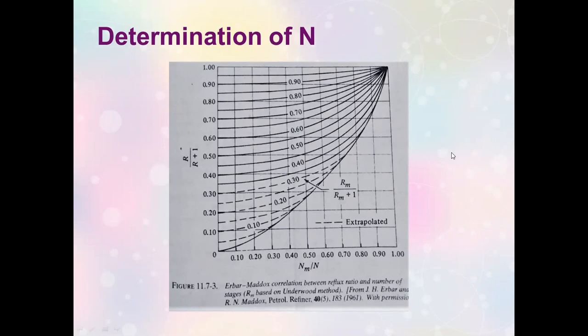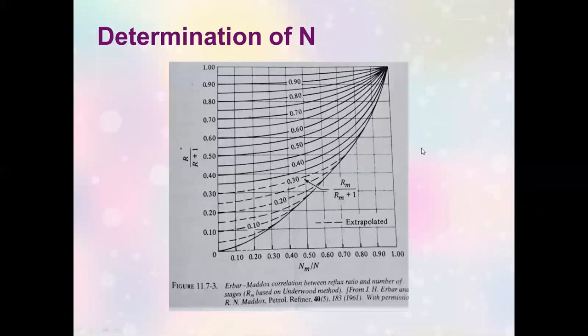Fenske's equation does not rely on the curve, because if you don't have the curve, how can you determine this minimum number of stages? However, the Fenske's equation will require a new value, and that value will be the average or the geometric mean of the volatilities of the distillate and the bottom liquid, as you could see in the formula. Now, there's a sample problem in here that you will read.